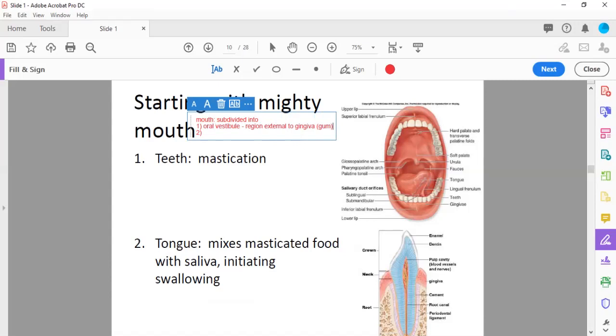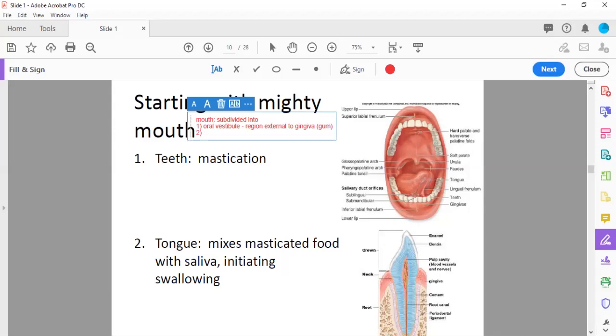The reason I'm very cautious of using the word teeth is this: when you age, there's a good chance your teeth will fall out, but your gum will always be with you, regardless of the fact that it's going to recede. You are going to have some form of gum in your mouth. So any region outside of or external to the gum is called the oral vestibule.